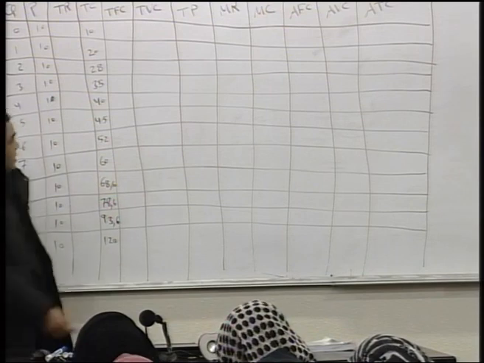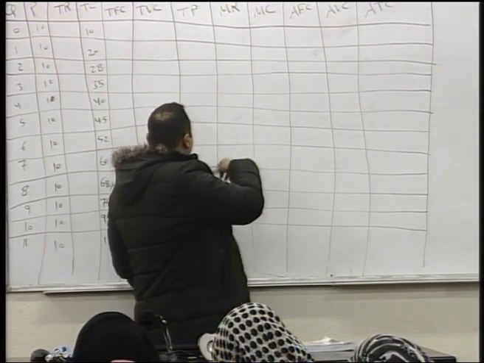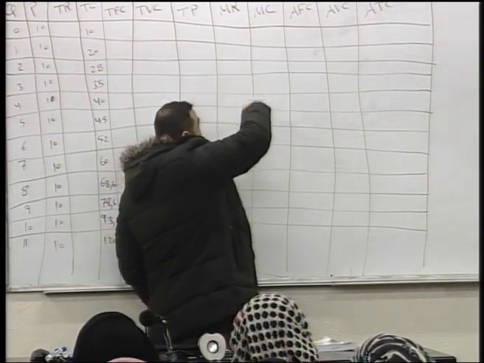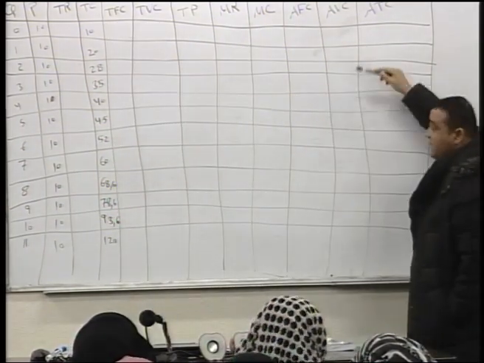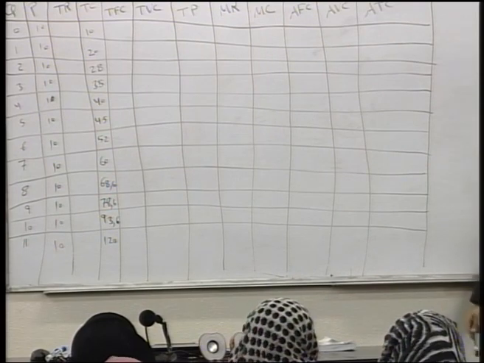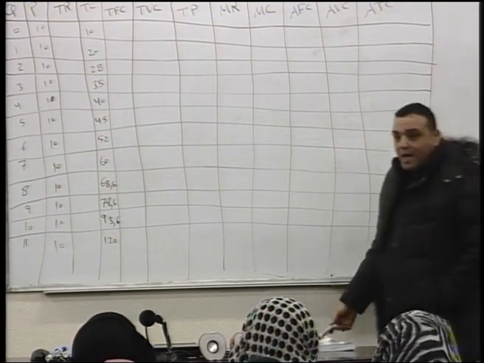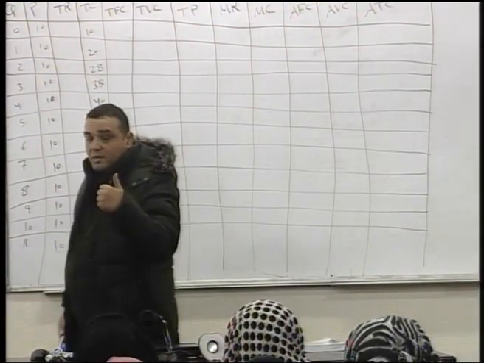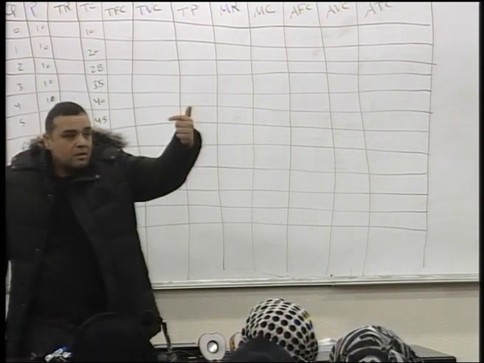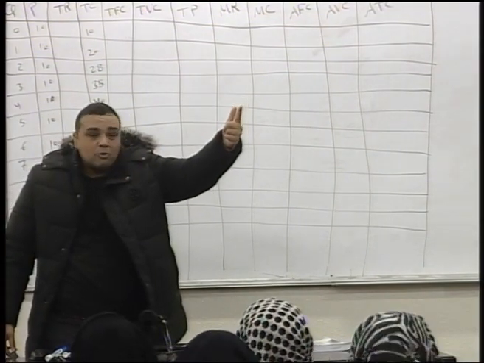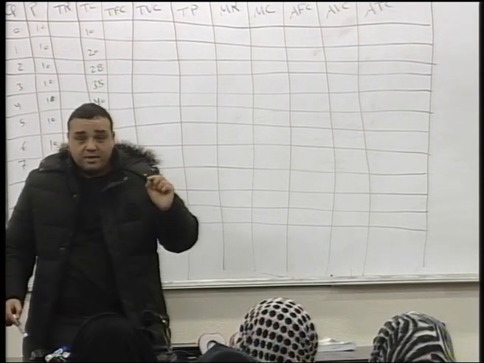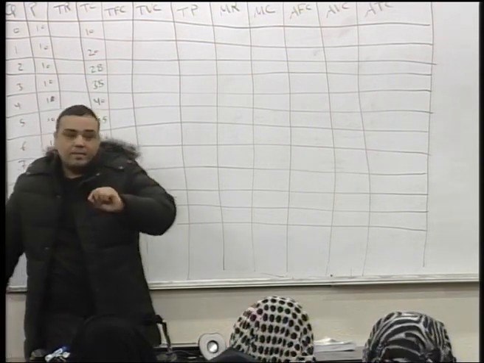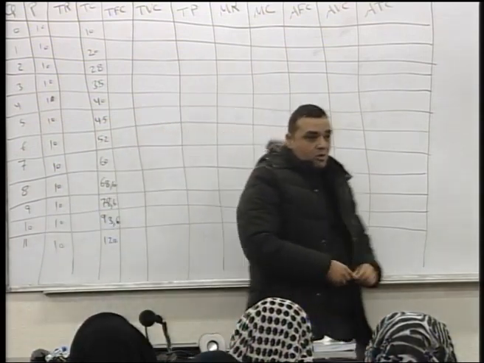The requirements: we have to calculate the total fixed cost, TVC, total profit, marginal revenue, marginal cost, average fixed cost, average variable cost, and average cost. Complete the table and determine the break-even point, the shutdown point, and the equilibrium point.